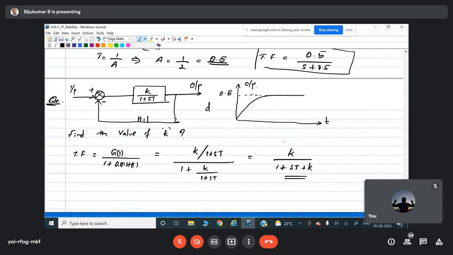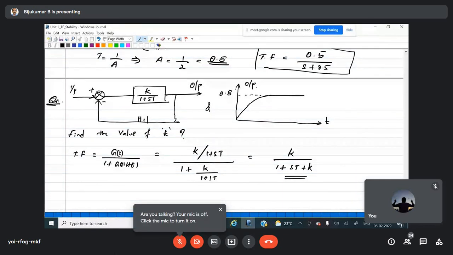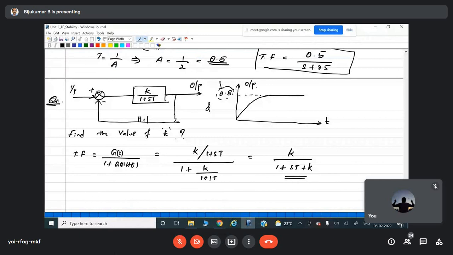The output response is given, right? In this, we know only one parameter: the steady state value, which is given as 0.8. So we can find the steady state value using the final value theorem. We write limit s tends to 0 of s times 1 by s times K divided by 1 plus sT plus K. The response is a unit step response, so the corresponding input is a unit step input.